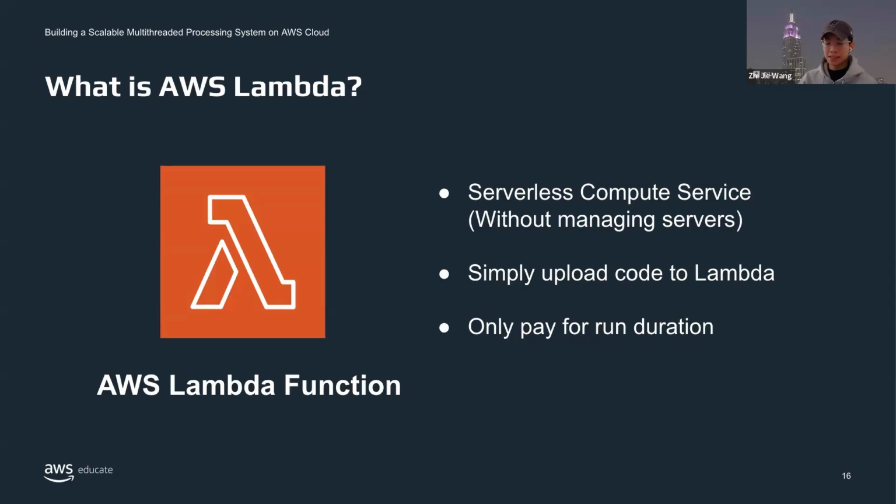If you are running this program on your local server, you're going to pay for the physical server. You're going to buy a physical server, and you're going to pay for its power usage, the electricity. So this will cost us a lot of time and money, right?